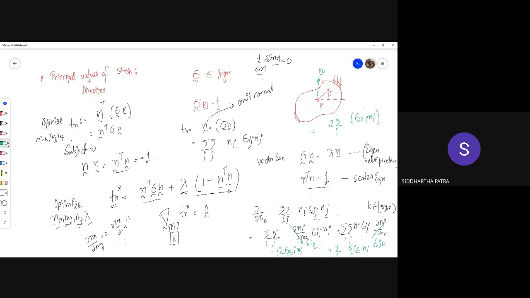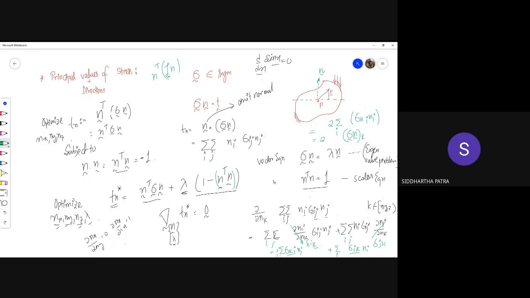When you do the same operation with this, please understand n transpose n is like n transpose I n, and I, the identity matrix, is another symmetric matrix, and in a similar way you'd get a similar expression. So this quantity is essentially sigma times n, the kth component.